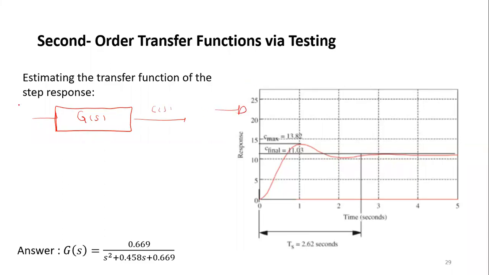From this output response, you know that the input is a step, so you know this shape of system is under step input.